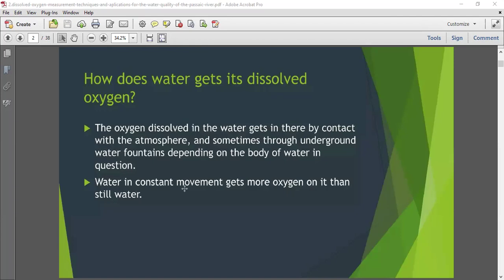Water in constant movement gets more oxygen than still water.